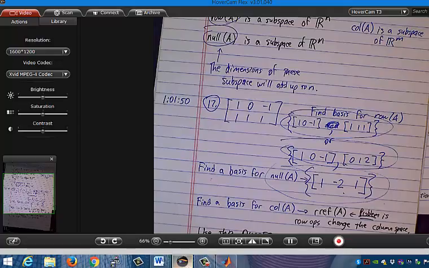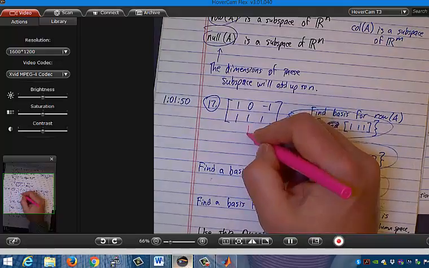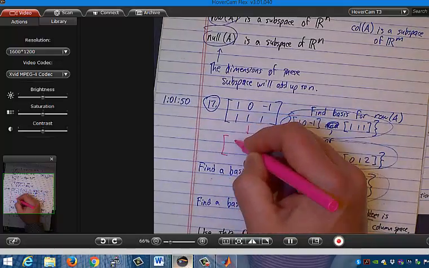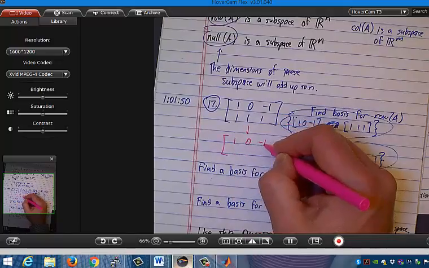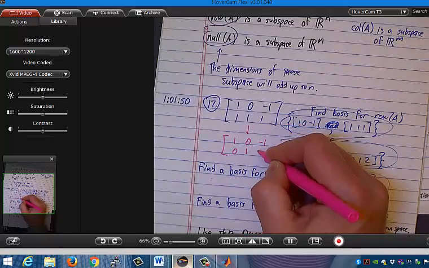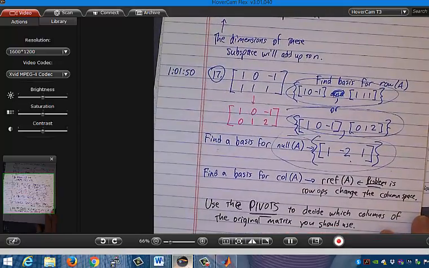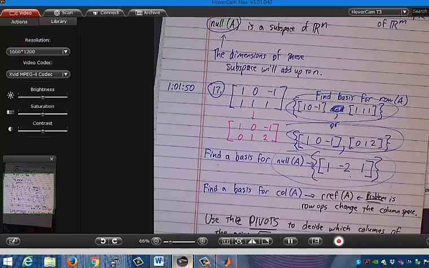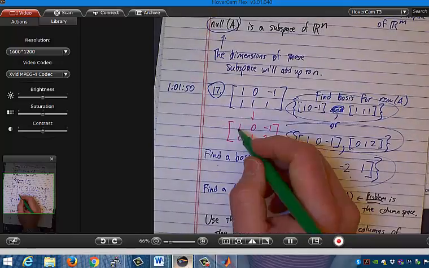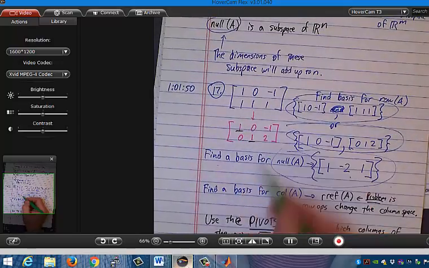So when I did reduced row echelon form of A, it looked like this. It was 1, 0, negative 1, 0, 1, 2. Do you remember what I meant by the pivots? Isn't that like 1 and 1? Yeah, so the pivots are the leading non-zero coefficients, right there.